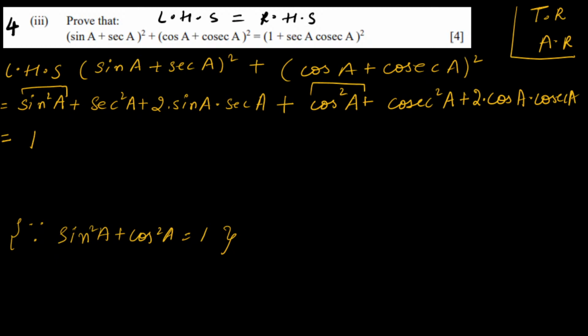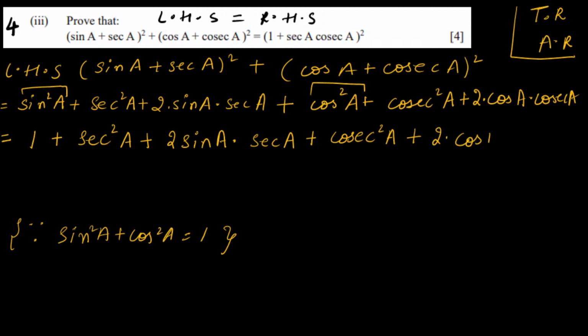Now what am I left with? 1 + sec² A + 2 sin A into sec A + cosec² A, because cos I have already used, + 2 into cos A into cosec A. So we have to get (1 + sec A into cosec A) whole square, we want.